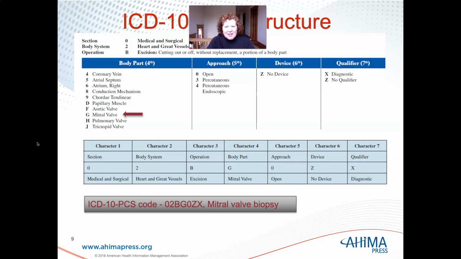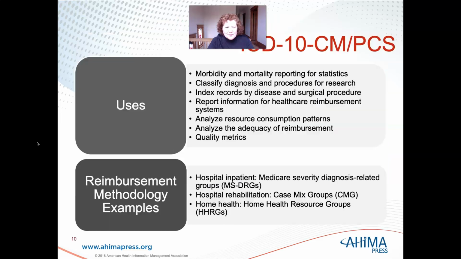This is just a good overview of a page in that. It talks about the section, body system, operation, body part, approach, device, and qualifier. It's 7 characters. I'm not going to go into detail because you should have already learned this, but it's a good reminder.